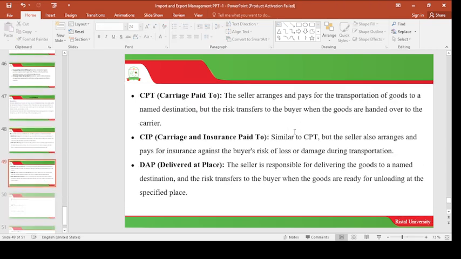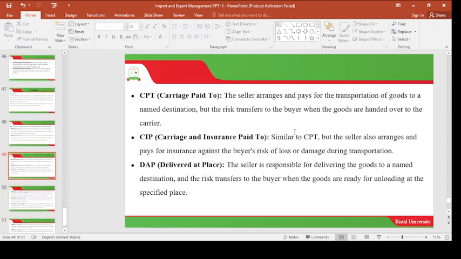So we go to another term, that is Carriage Paid To. Carriage Paid To means that the seller arranges and pays for the transportation of goods to a named destination, but the risk transfers to the buyer when the goods are handed over to the carrier. What does that mean?